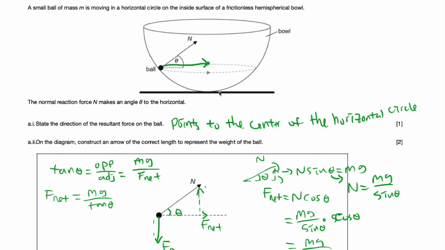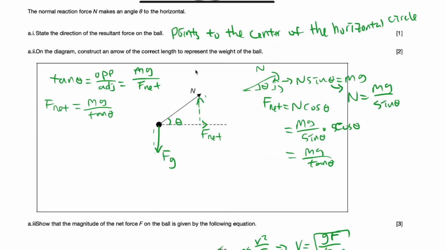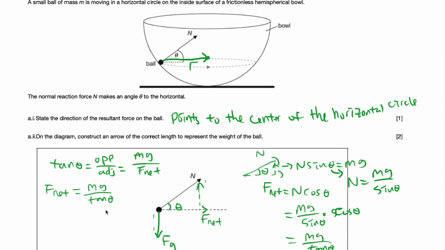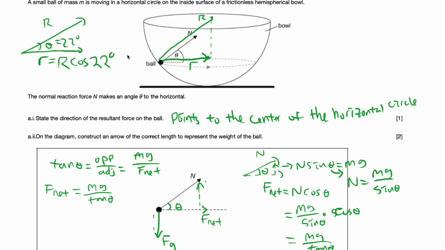But how do we find r? Right. So the problem tells us the radius of the bowl. So the radius of the bowl, let me do this, is going to be equal to capital R here. Right. So you can find this distance here, and we know the theta. So r is going to be equal to the capital R times cosine theta, which is cosine 22 degrees.